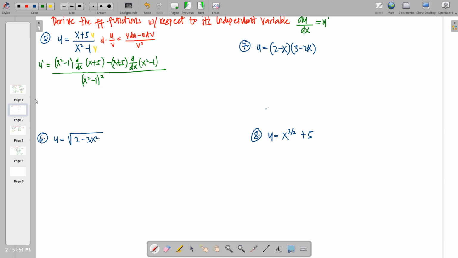Okay, so we continue by performing the derivative of the inside terms. We have x squared minus 1. So the derivative of x plus 5 is dx over dx for that first term and then plus 0. So in short, this will just be equal to 1.